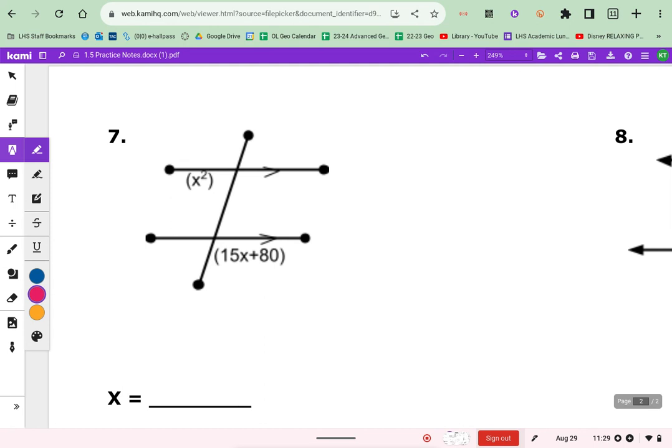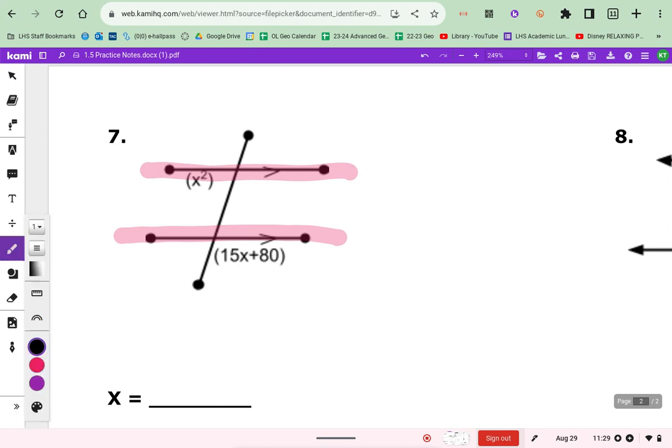So, start by highlighting your parallel lines. All right, and with your group for a second, try and figure out if those two angles have any relationship that we can use.